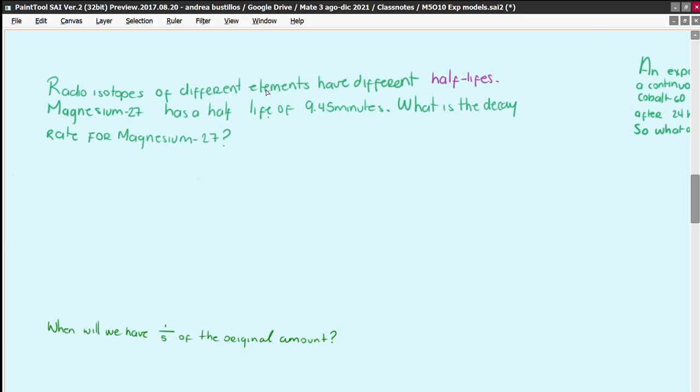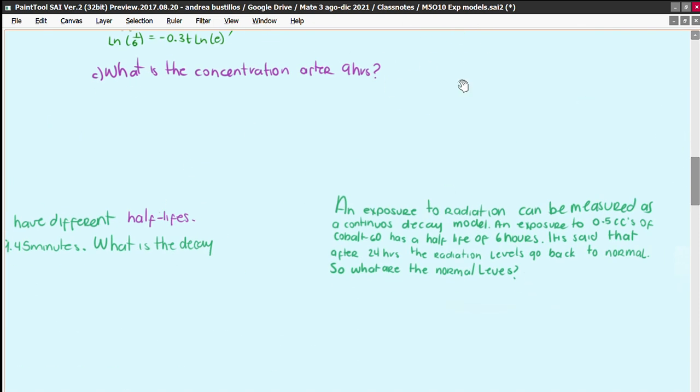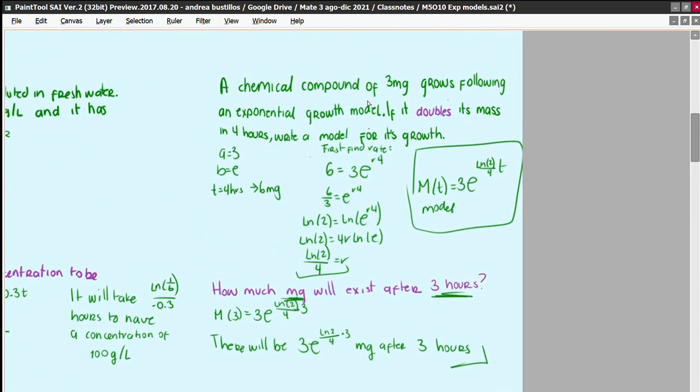In this problem, we're going to talk about the concept of half-life. Remember, in this type of problem, when we were talking about something that doubles its original amount, what the problem tells us is that after a certain amount of time, the mass has an augmentation. In this case, it's double.